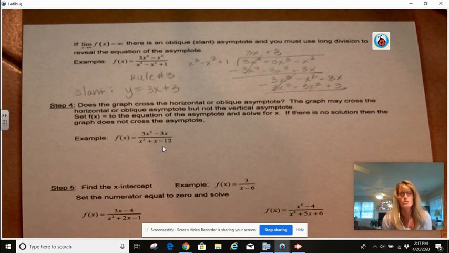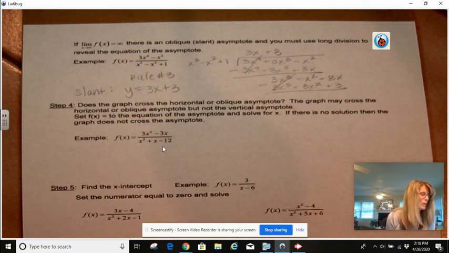Step 4, we want to know if our graph crosses the horizontal or slant asymptote. We never cross vertical asymptotes, but it is okay to cross a horizontal or oblique asymptote. What happens is there's different parts to the graph, there's different curves, and some part or curve of the graph will cross and others won't. So it's like the horizontal or slant asymptote only applies to part of the curves, but not all of them, and that's where you can have the crossing happen.